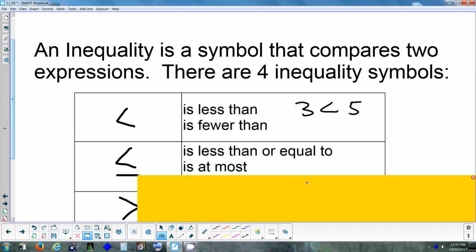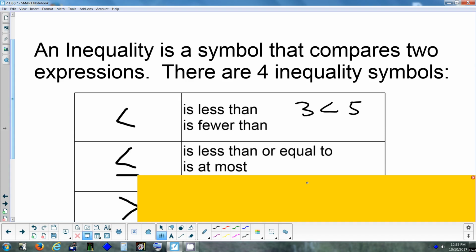Like if I said to you, I have at most $10, that would mean I could have $10 or what? Someone said, Fred, did you say it? Lower, right? So at most means $10 or lower.